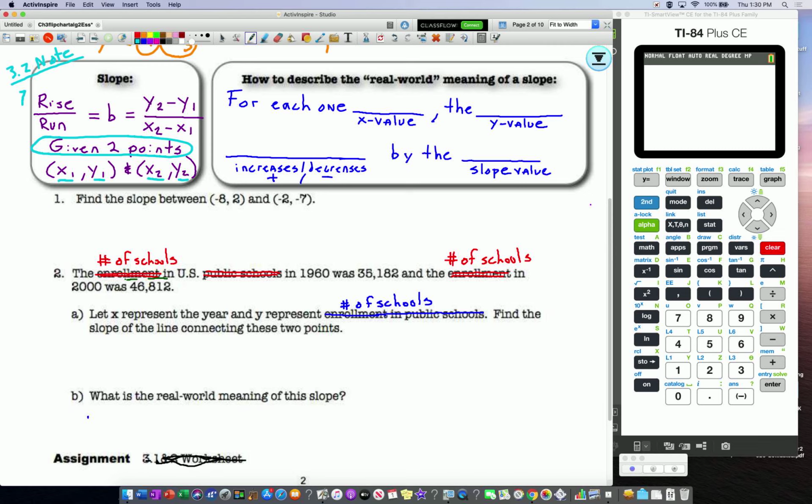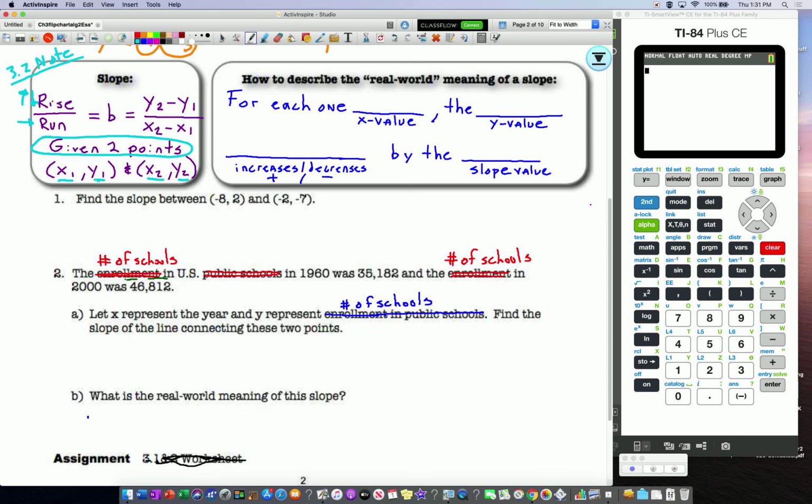How much are you going up or down versus how much you're running to the right? Since rise is up and down, those are the y values, we calculate y2 minus y1, divided by the run, which is x2 minus x1. Now, could you flip these around? Absolutely. But if you flip the y's, you must flip the x's.